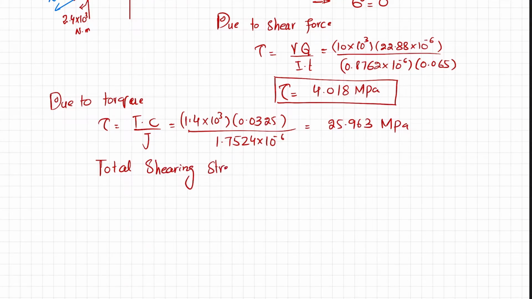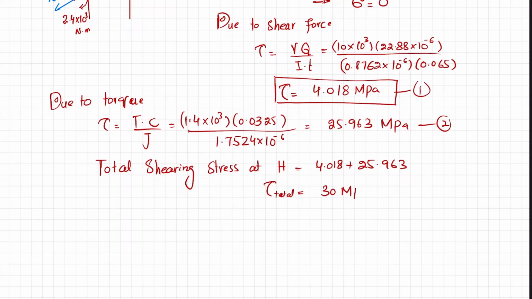Now the total shearing stress at H will be equal to the sum of this, let this be 1 and this be 2, is equal to 4.018 plus 25.963 megapascal, and that will be equal to 30 megapascal.